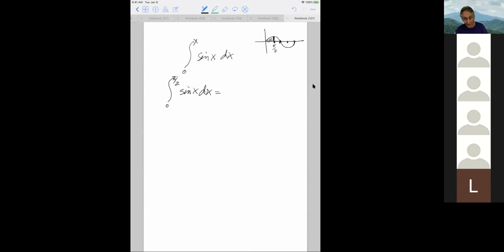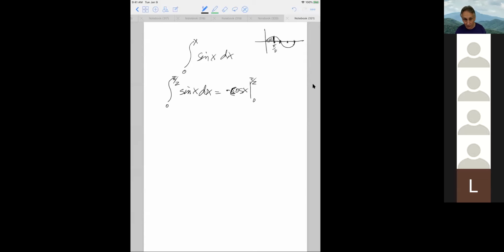The derivative of cos is negative sine, which means I've got to switch signs. So this is going to end up being negative cos x from 0 to pi over 2. That is the integral using the fundamental theorem of calculus. I just calculated capital F.